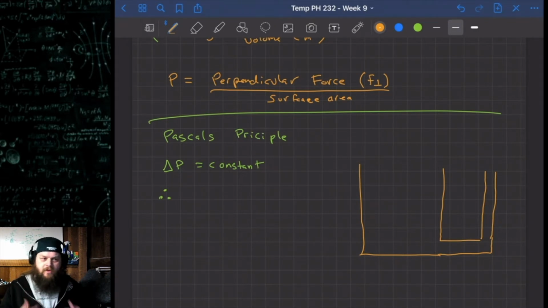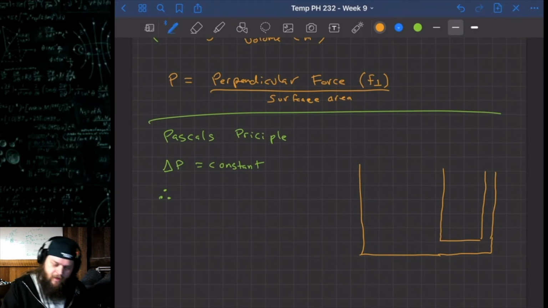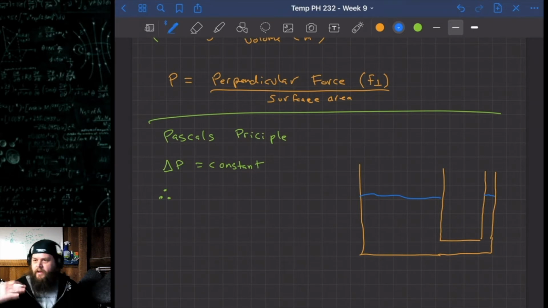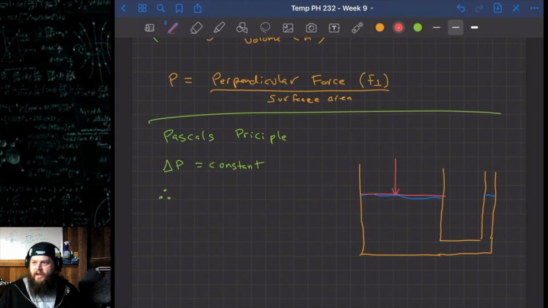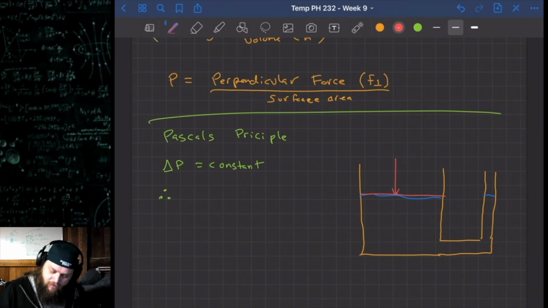The pressure in each of those is going to be the same, and we could have some liquid in there. So the height of that liquid is going to be equal. We could then apply a force. Let's apply a force in red. If we applied a force on a piston sitting across that, and pushed down on it, it would apply a certain force and displace a certain amount of water.